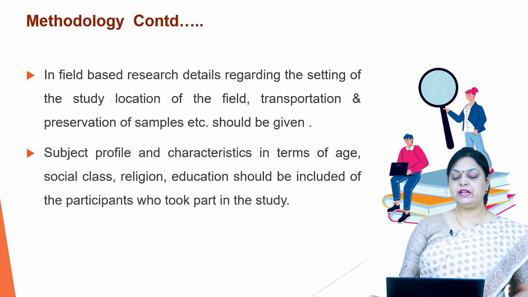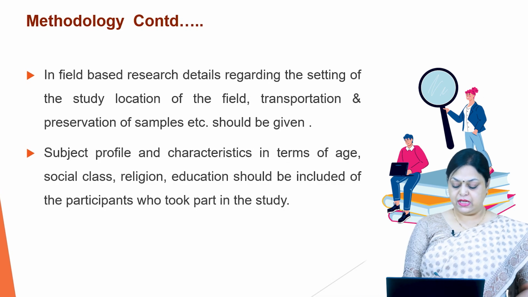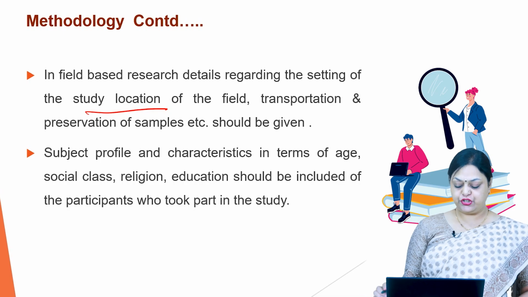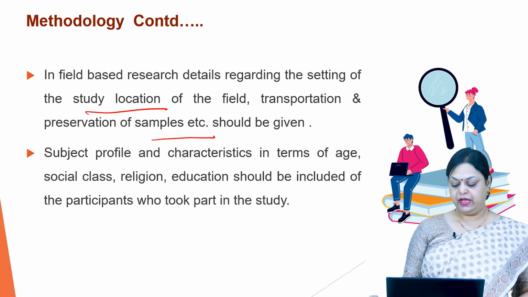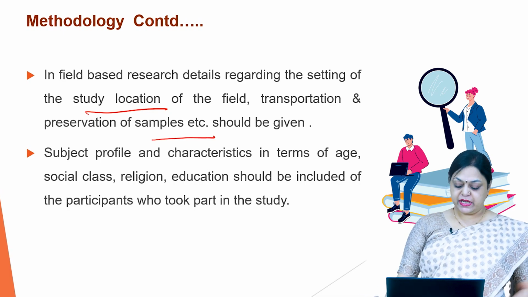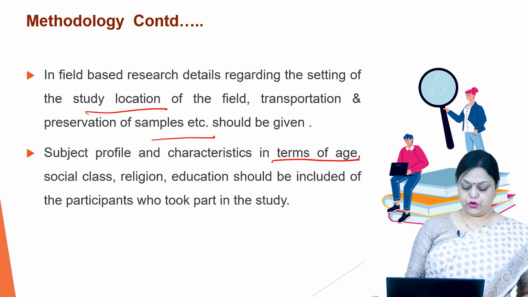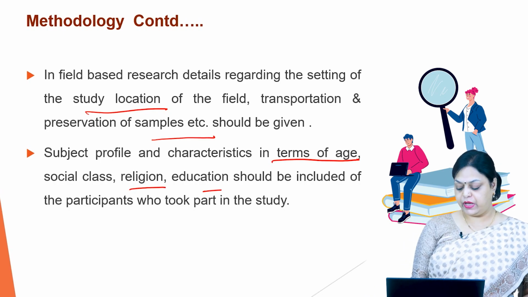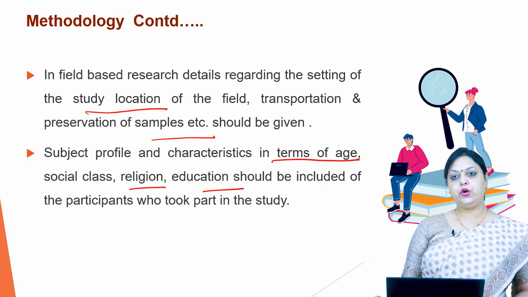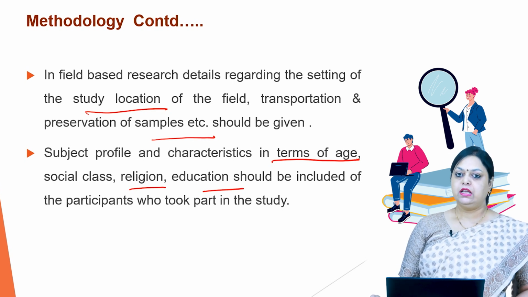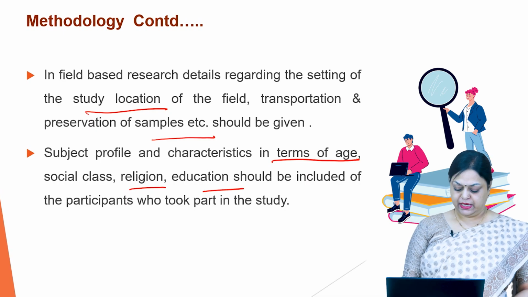In field research, details regarding the setting of the study location, field, transportation and preservation of the samples etc. should be given. Subject profile and characteristics in terms of age, social class, religion, education of the participants should be included while taking the data collection.